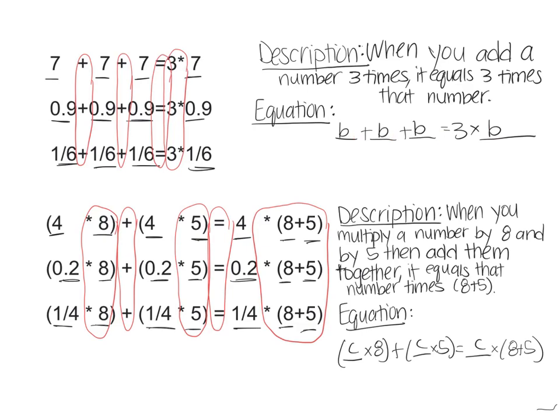The second one, when you multiply a number by 8 and by 5, then add them together, it equals that number times 8 plus 5. Then the equation should be some letter times 8 plus the same letter times 5 equals that letter times 8 plus 5.